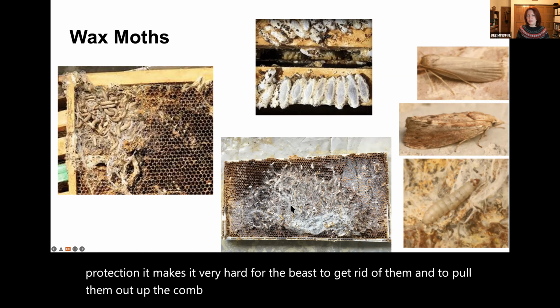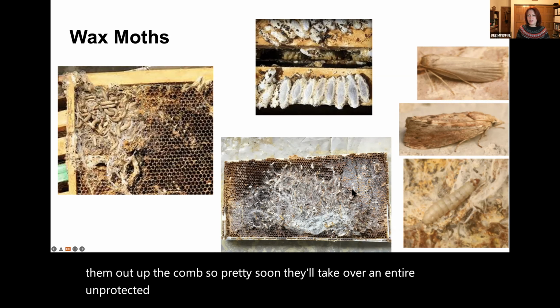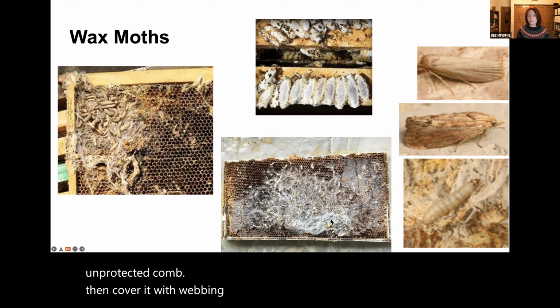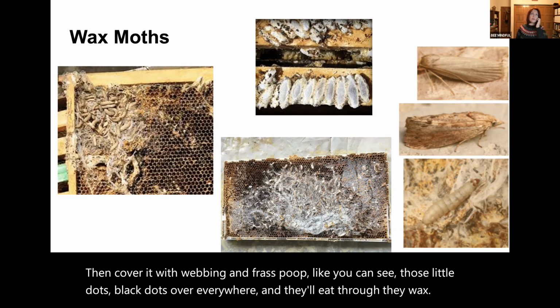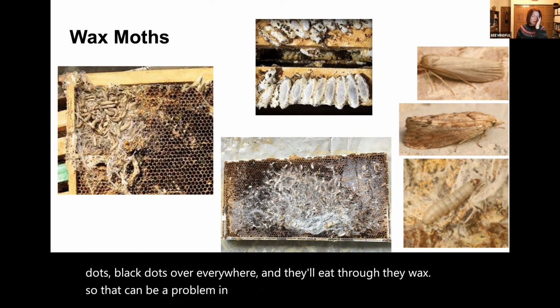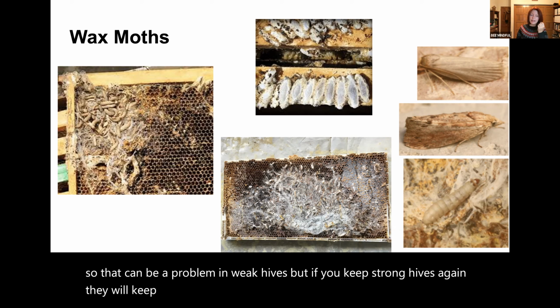So pretty soon they'll take over an entire unprotected comb and cover it with webbing and frass, poop, like you can see those little dots, black dots over everywhere, and they'll eat through the wax. So that can be a problem in weak hives, but if you keep strong hives, again, they will keep those pests at bay and control them for you.